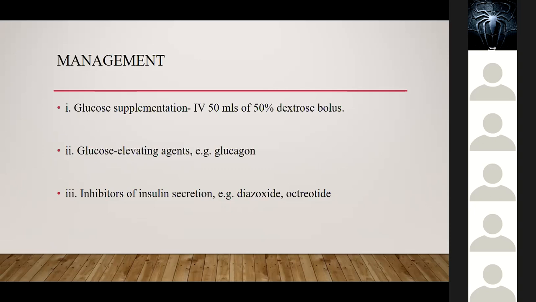But mainly the gold standard is 50 mils of 50% dextrose. So I think we are right on time. We'll quickly take questions and then we can adjourn and meet, God willing, on Friday.